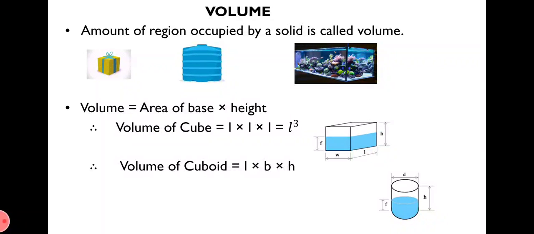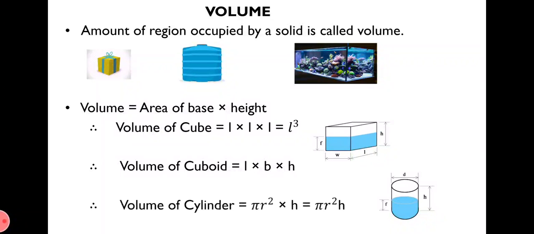And next, the volume of a cylinder. We know that the standing, vertical line of a cylinder is its height, and its base is circular, because we have a circular top and bottom of a cylinder.